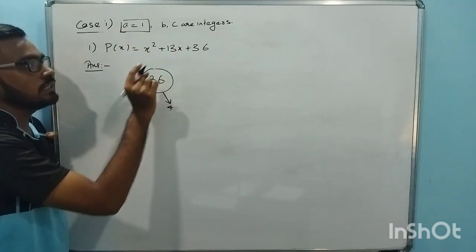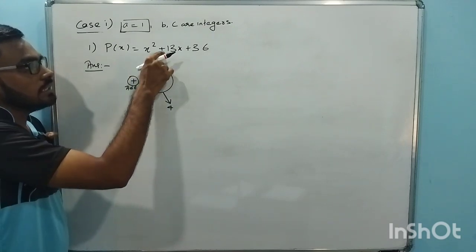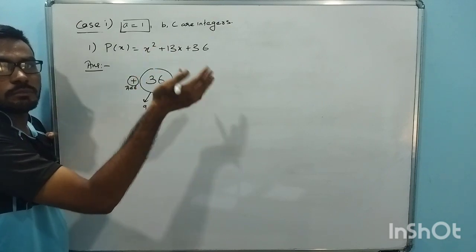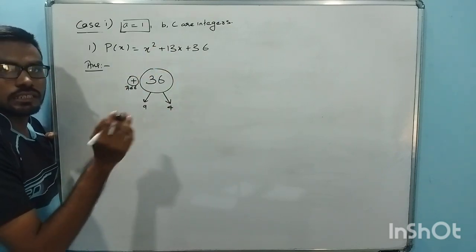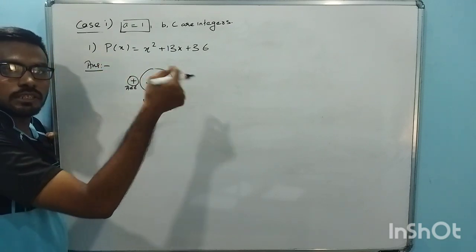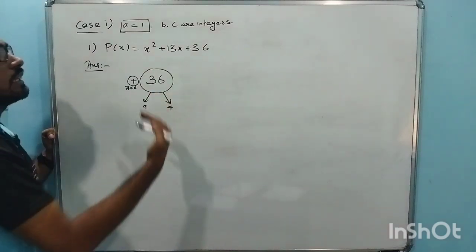In case of minus, that we will do further. In the other case, you should give this sign to the bigger number, and the smaller number gets the other sign. That is, if this is plus, the bigger number will have plus sign and the smaller number will have minus sign. That is to be taken care of.